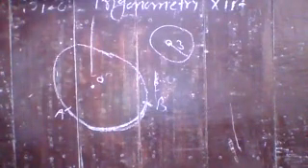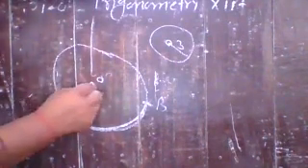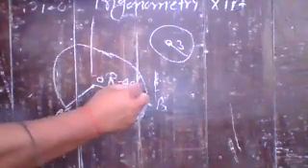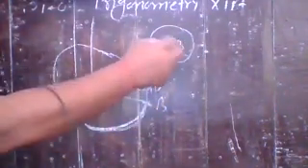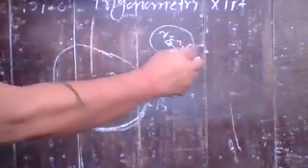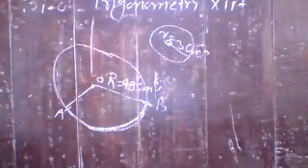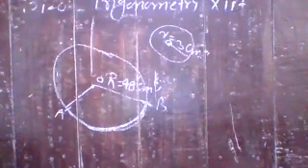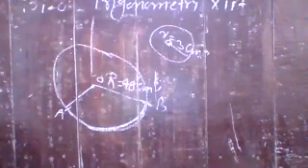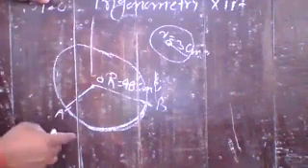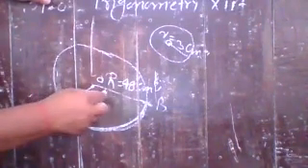Now, what other information is given? The radius of the hoop is 48 centimeter. So this capital R is 48 centimeter, and the small r is the radius of the circle.